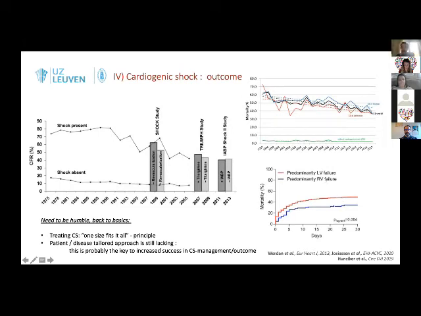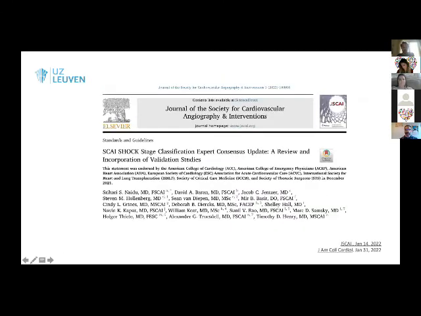Mortality is higher in RV failure patients as compared to LV failure patients and whatsoever. So probably there's no one-size-fits-all principle to treat those cardiogenic shock patients, and we need to go back to the basics and be humble that we still don't have a proper patient-tailored approach to treat those patients in cardiogenic shock. So probably this patient- and disease-tailored approach is still lacking and is the key to increased success, to decrease the mortality in these patients.